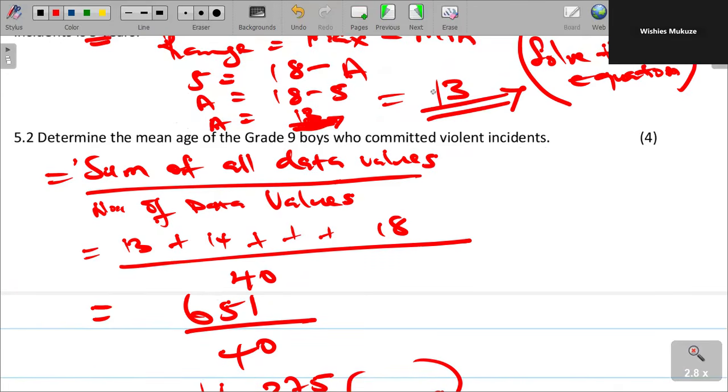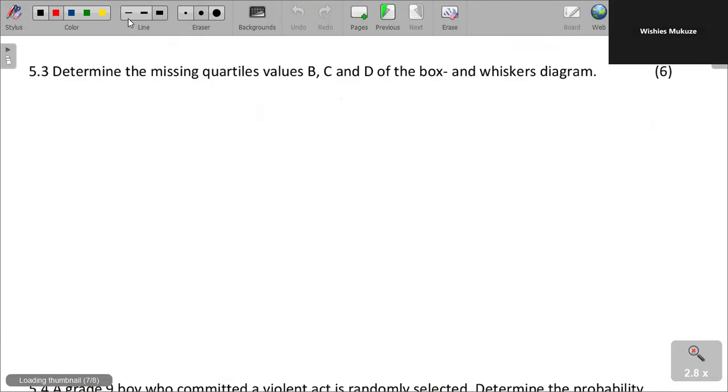And then the next point is saying, determine the missing quartile values B, C, and D of the box and whisker diagram. So 5.3.